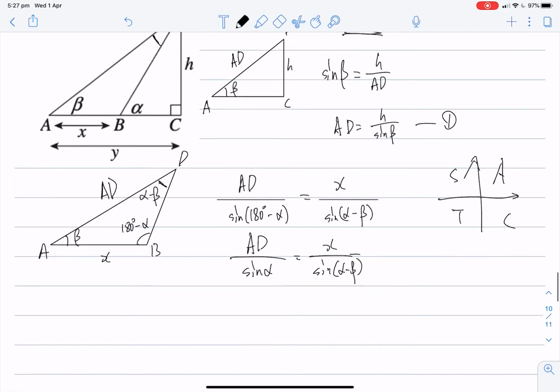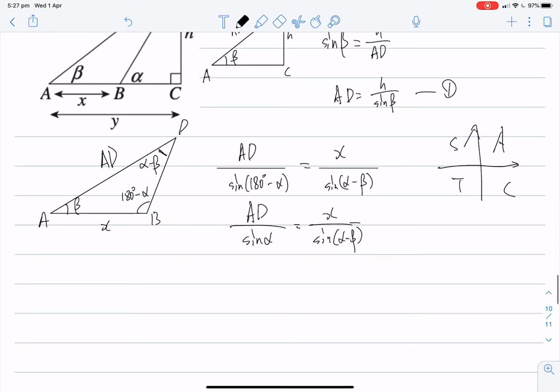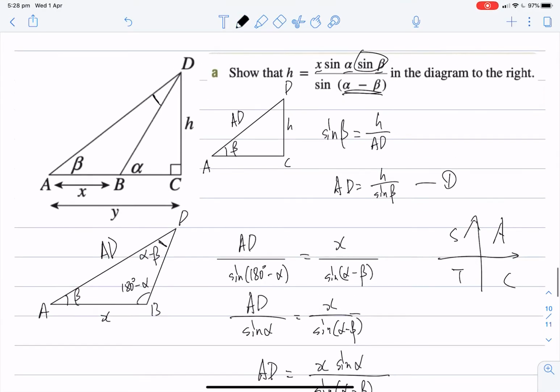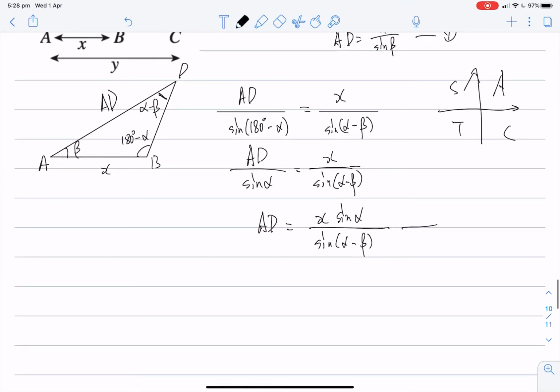Now let's make AD the subject. AD equals x sine alpha over sine of alpha minus beta. It's AD, not AB, okay? It looks quite similar to that equation, so I think we're heading in the right direction.